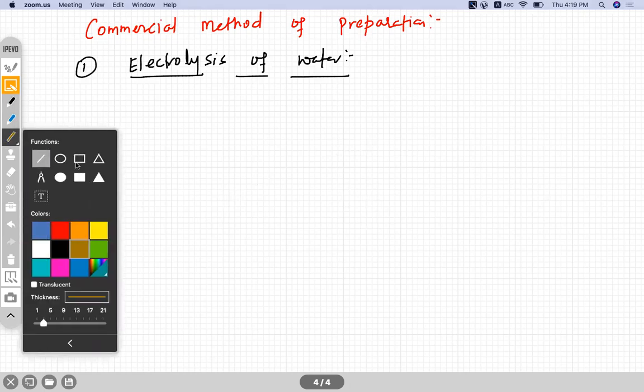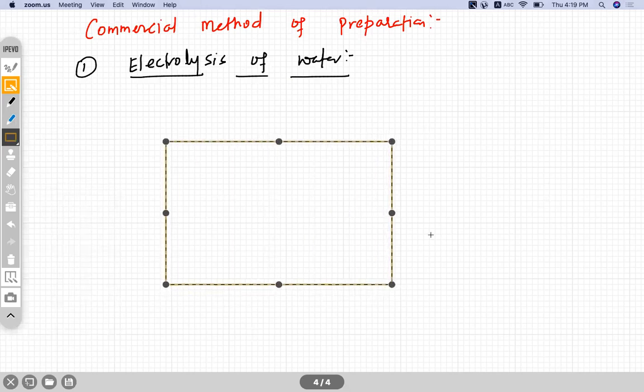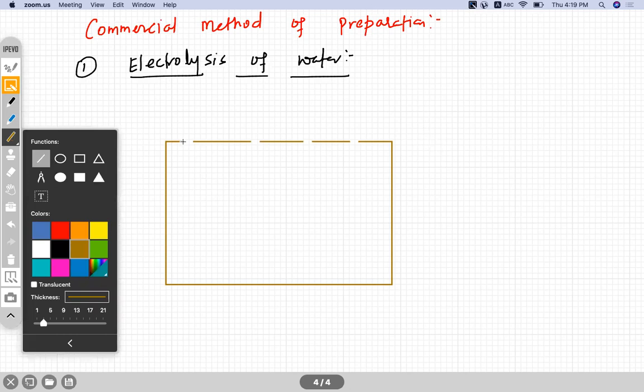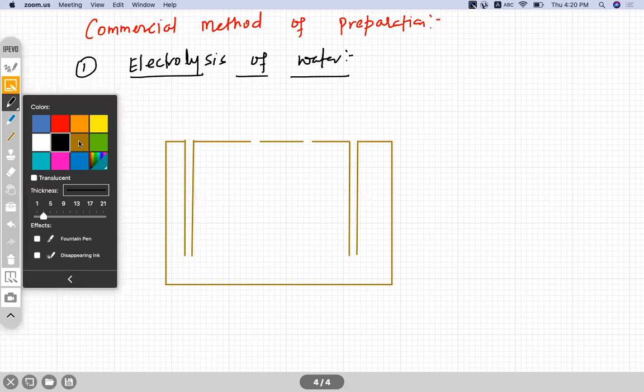All of you draw this diagram. These are the 2 electrodes we have.